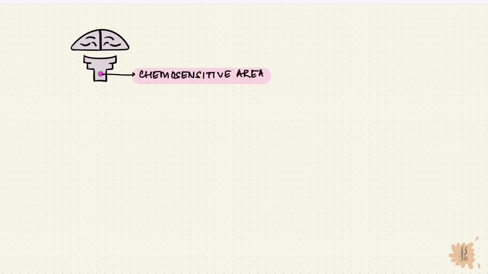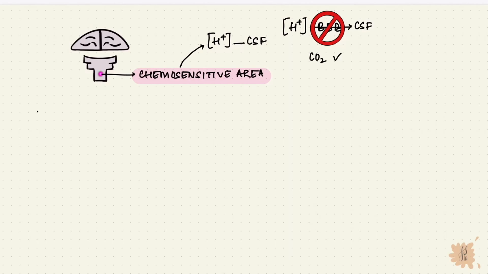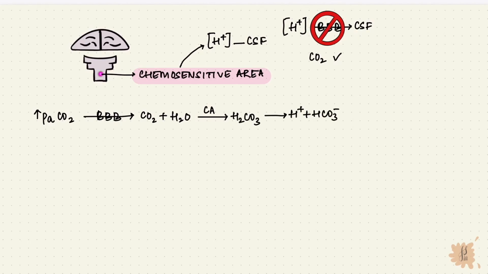The brainstem has a chemosensitive area near the center of inspiration. That responds to a change in the hydrogen ion concentration in the CSF. Hydrogen ions from the blood cannot cross the blood-brain barrier to reach the CSF, but carbon dioxide can. So if the carbon dioxide levels in the blood are high, it crosses the blood-brain barrier, combines with water to form carbonic acid, which then dissociates into the hydrogen ion and the bicarb ion.